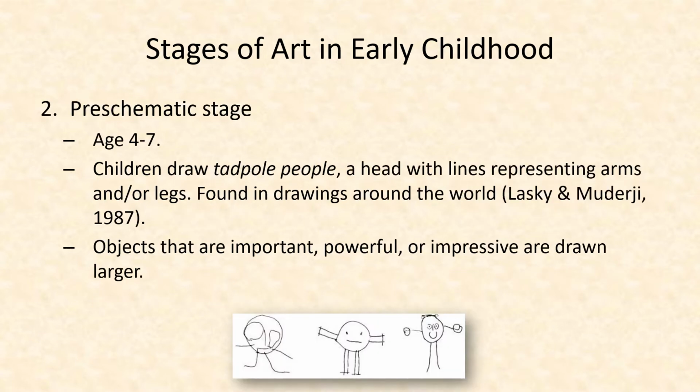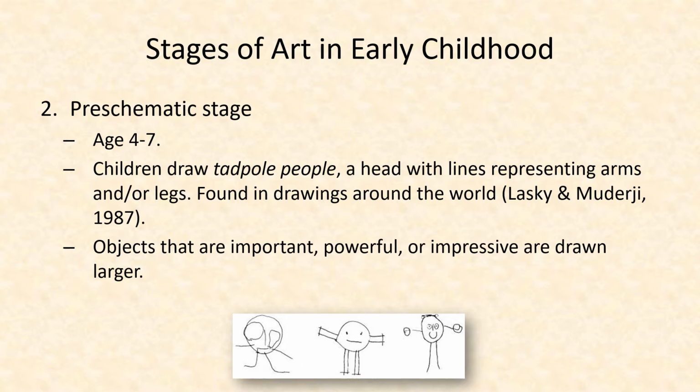In the second stage of art development, students age somewhere between 4 and 7, they enter the pre-schematic stage. In the pre-schematic stage, children are drawing what they see and what's important to them. So the drawings are not realistic, but rather the items that are more important or things that are more impressive to them tend to be drawn larger.